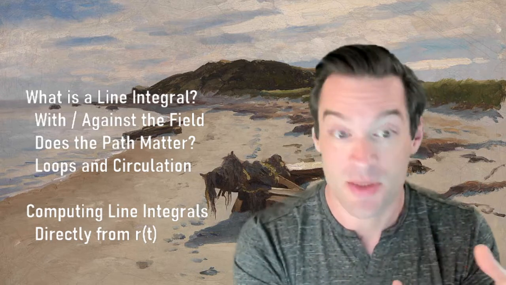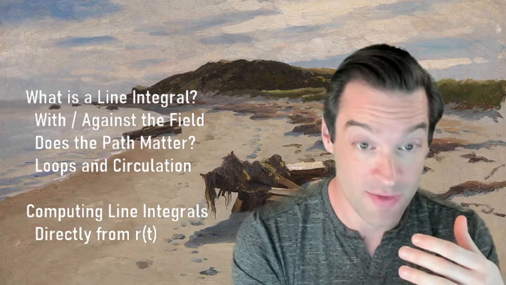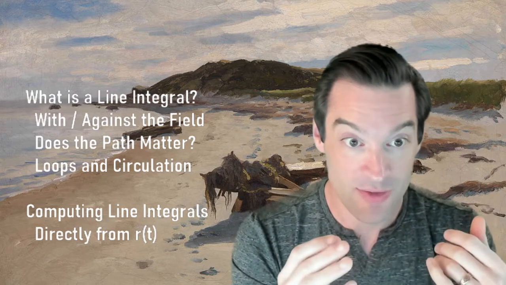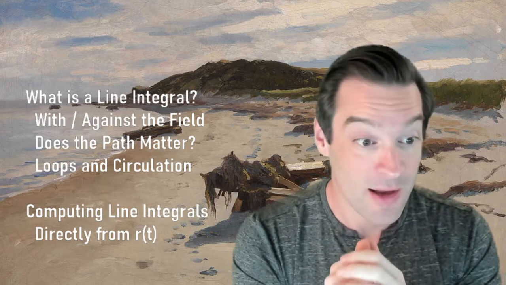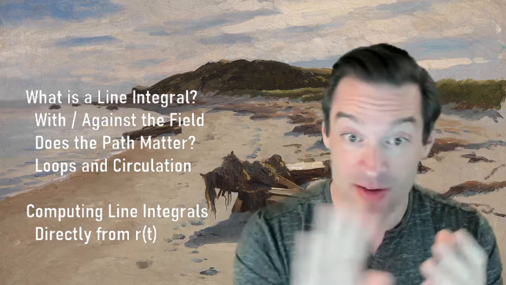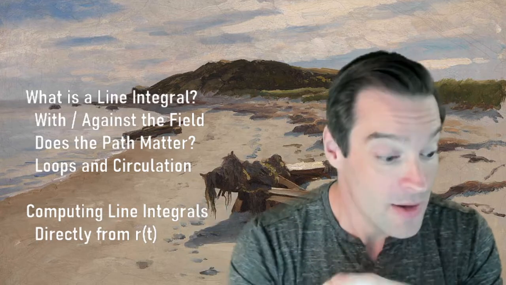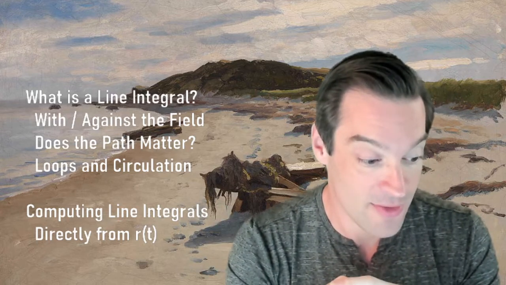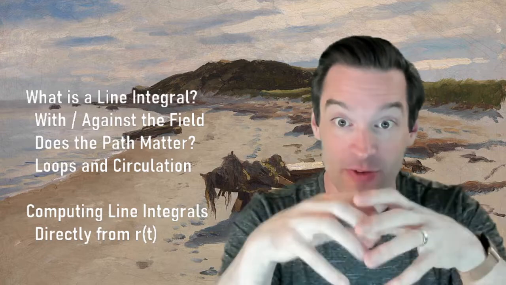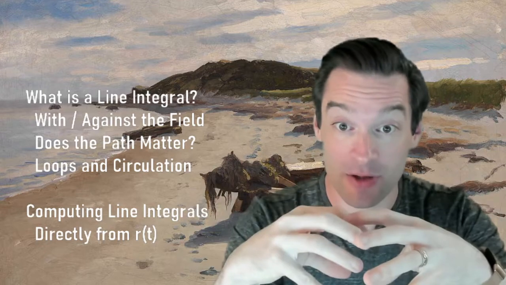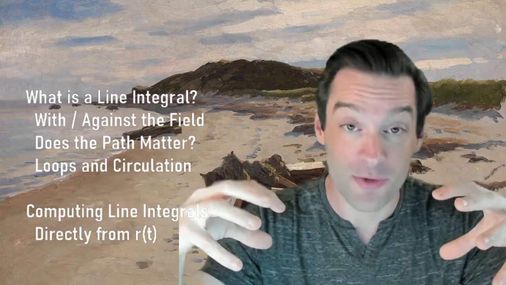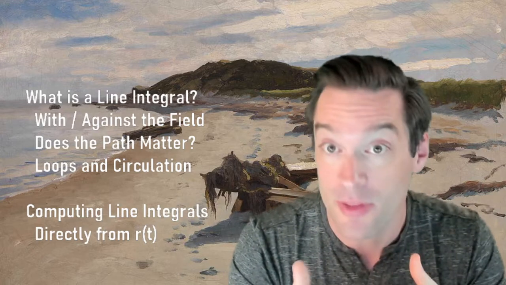The second notion is going to be a notion of flux, where instead of measuring to what extent the vector field aligns with us, flux measures the opposite: to what extent is a vector field cutting across us as we proceed along a path? That's going to let us define things like, to what extent is a vector field flowing into a given closed region versus out of a closed region in the plane or in 3 space.